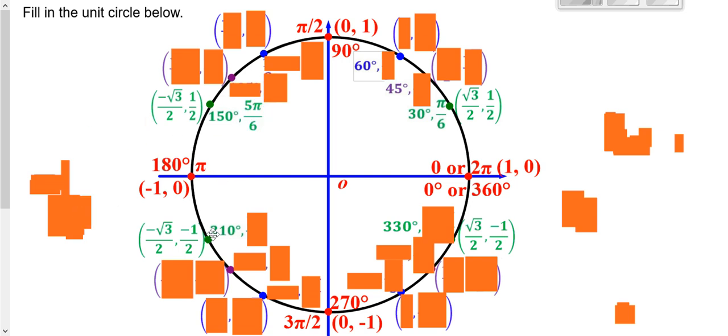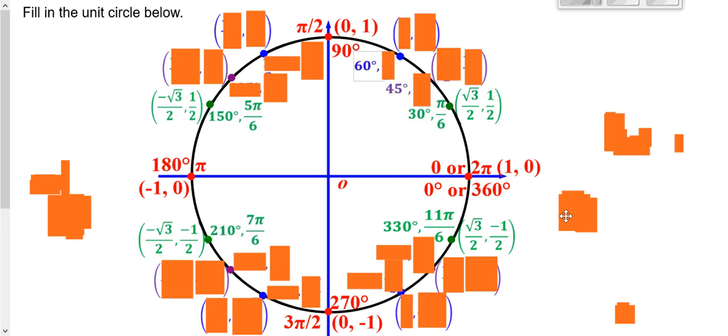When I'm going to this one down here, I'd be a 1/6 of a pi beyond pi, so it'd be 1 pi plus a 1/6 of a pi, which when you add those together is 7 pi over 6. For this one here in radians, I'd be reflecting down a 1/6 of a pi, so I'd be at 2 pi going backwards a 1/6 of a pi. 2 pi minus pi over 6 is 11 pi over 6.